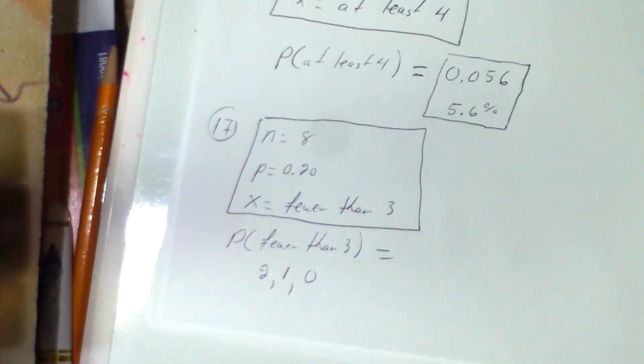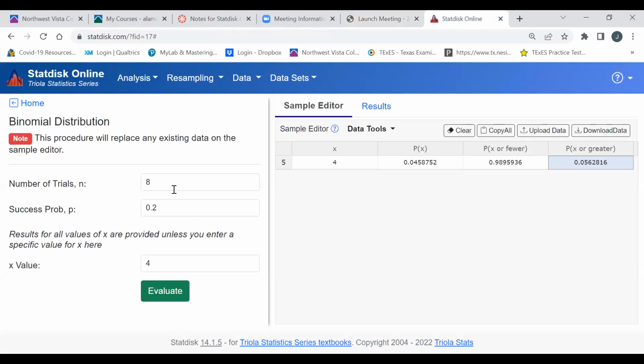So what I'll have to do is go to StatDisk and find the exact values for 2, for 1, and for 0, and add them. I'm going to put 8, 0.2, and take the number out.